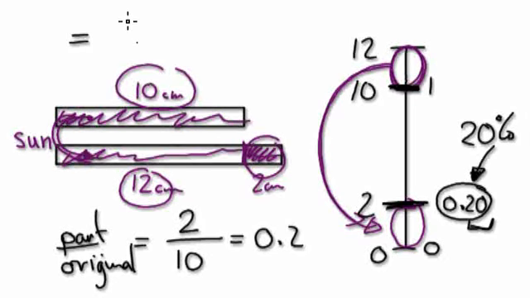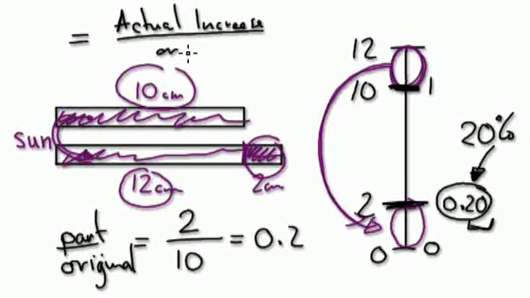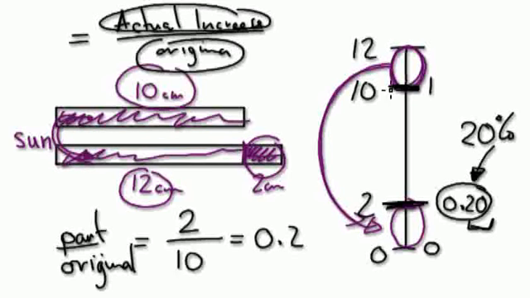The proper formula is actual increase divided by original. So if you want to know the percentage increase, you get the actual increase and then you divide it by the original.